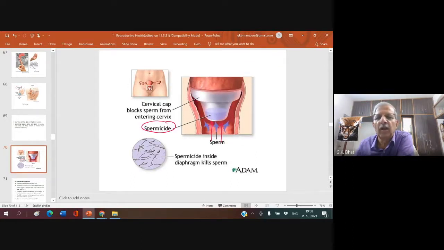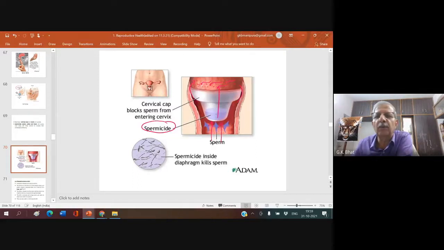This is spermicide. By chance, suppose the sperm make an entry somehow, they pass through the sides of this cervical cap. If the sperm somehow come here, when the penis pushes this, the spermicide gets spilled over here.